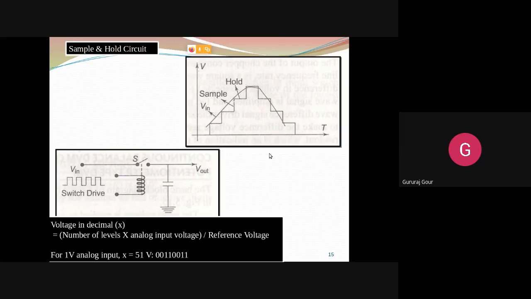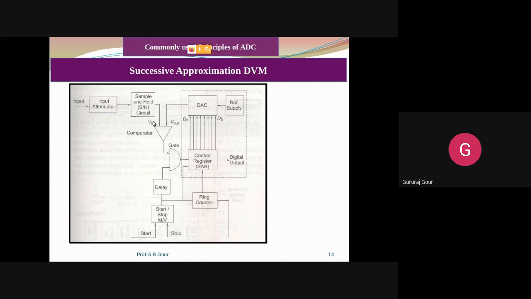Each of these samples will be held for the time being and applied to this gate with the clock, to be counted and converted to analog with respect to the reference, and again get back to be compared with the VN.